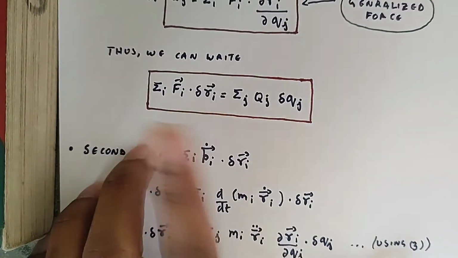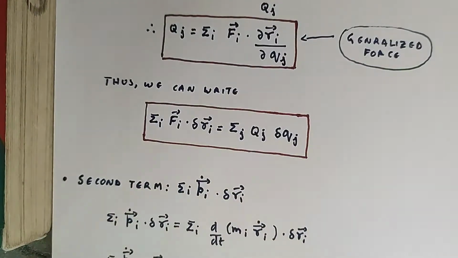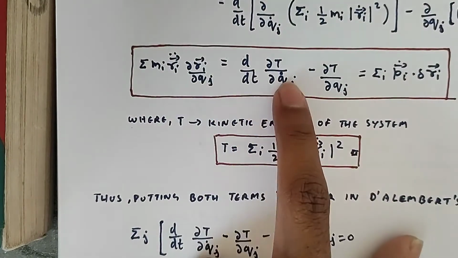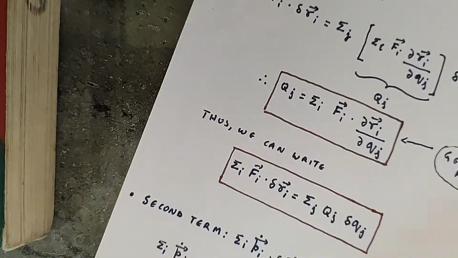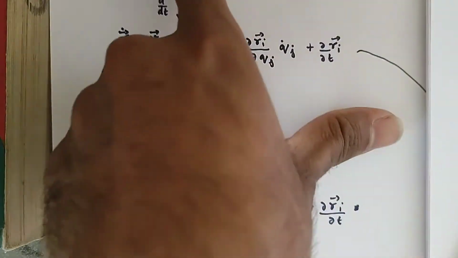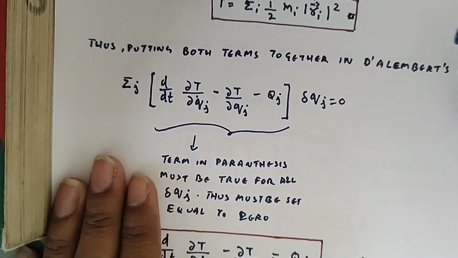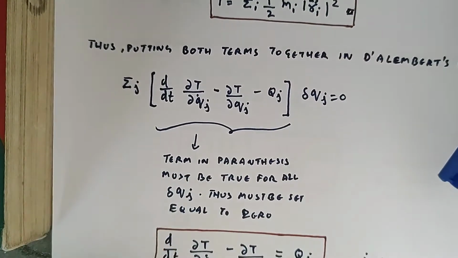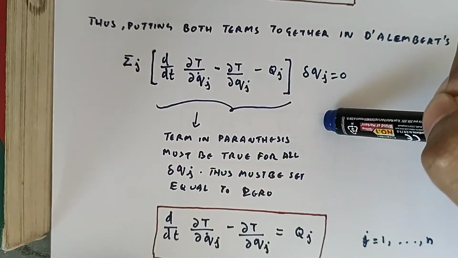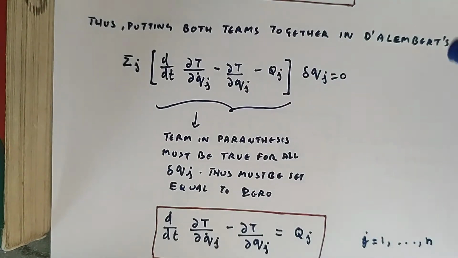Yes, this is the first term. Substituting this term and this term in D'Alembert's principle, I'll get an equation like this. You can check it out, or you can just see it when I upload the notes. This is nothing but the same equation.